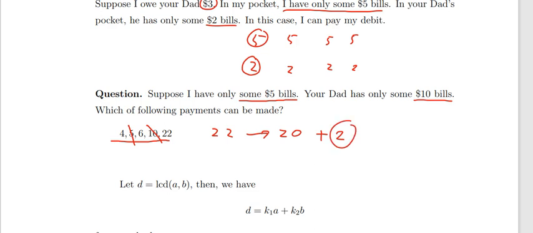Why is 2 not okay? Because from 5 and 10, we cannot make 2.